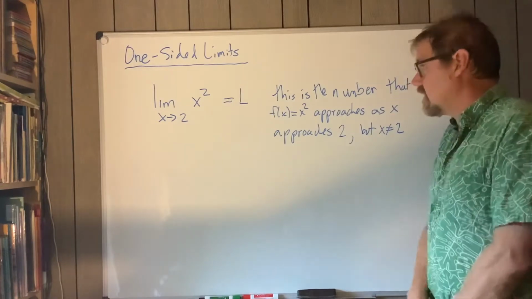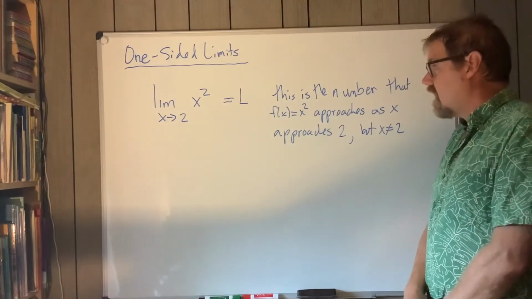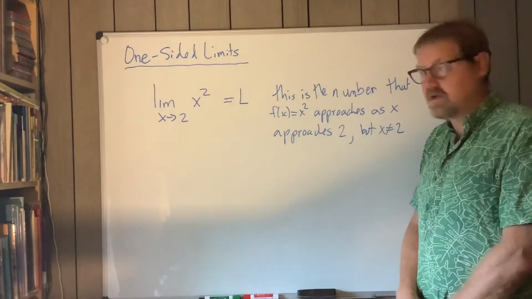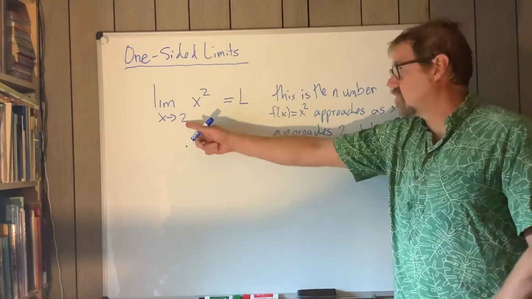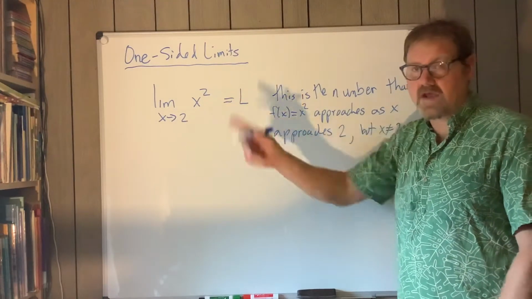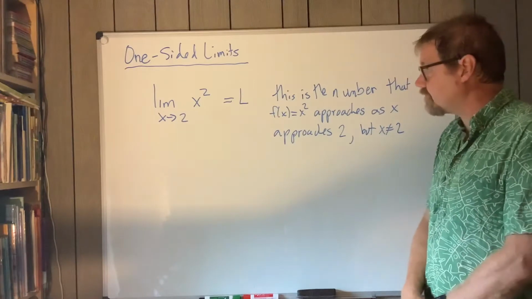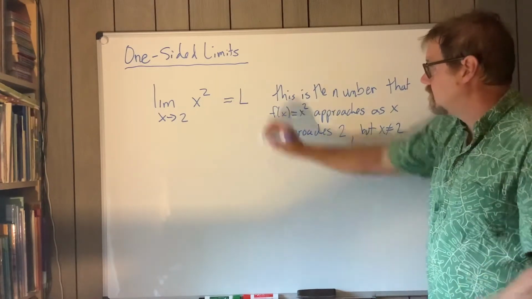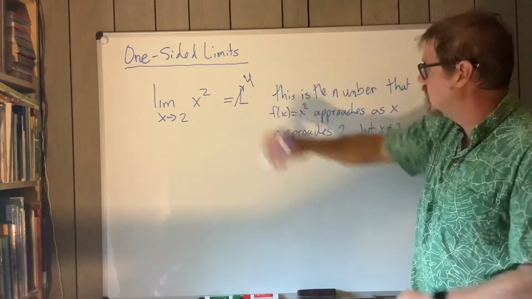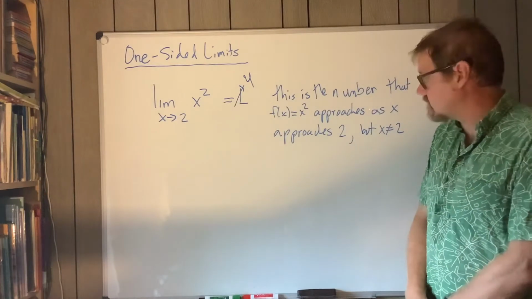So remember, with the limit, I really care about what's going on with the function right close to the point 2, but not at the point 2. And hopefully you can get some sense that that's actually going to be 4.